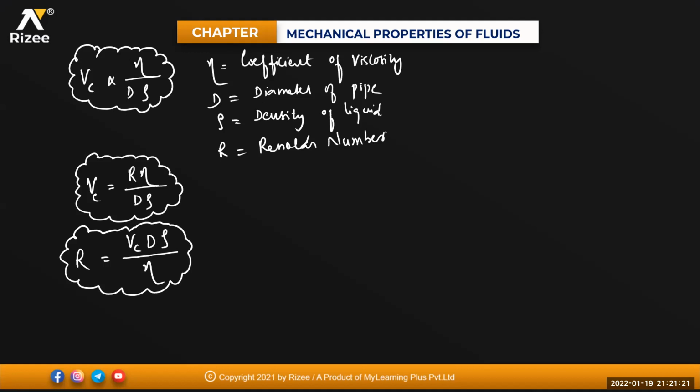Clear? Now see, in this one, I'm writing some points which are really very important. First one, if R is greater than 0 and R is lesser than 1000, that means the flow is laminar, also called streamline.